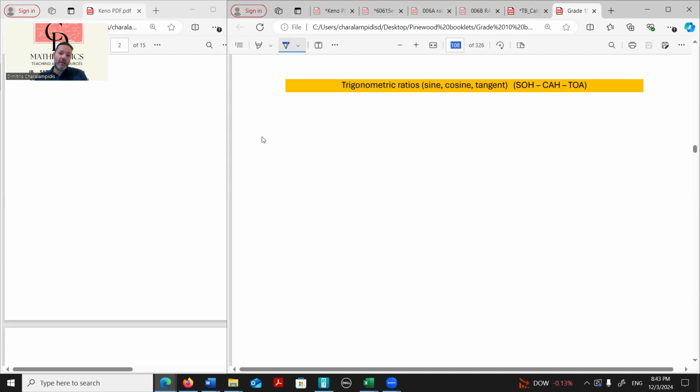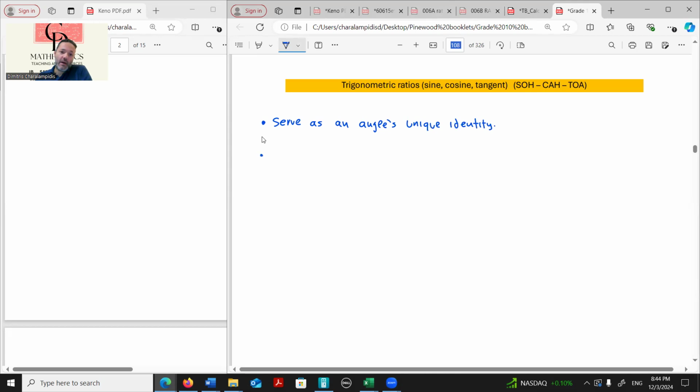The trigonometric ratios can serve as an angle's unique identity, meaning that each angle has a unique combination of these three ratios, which, by the way, are just numbers.